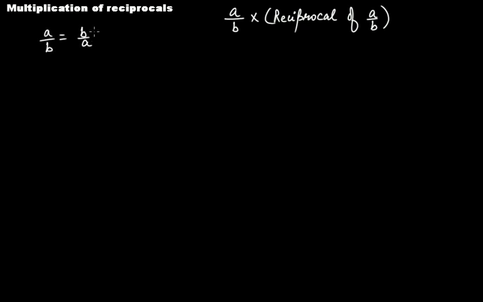It means that if your rational number is a over b, and you multiply this a over b with the reciprocal of a over b, then what's the reciprocal of a over b? Clearly it is b over a. Sorry, I should write it like this.